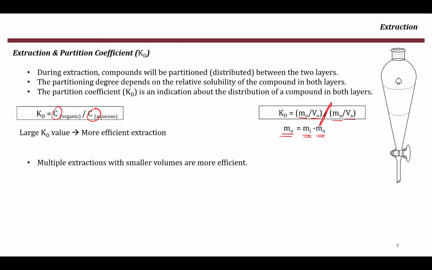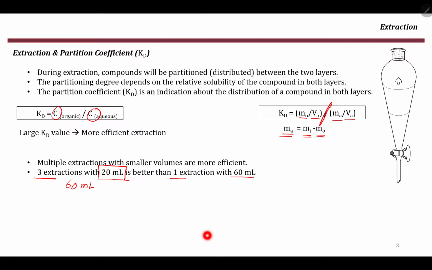Remember that multiple extractions with smaller volumes are always more efficient than a single extraction with a larger volume. So for example, if I have the option to do 3 extractions with 20 milliliters, it's always better than doing 1 extraction with 60 milliliters. Yes, we are using the same amount of solvent, which is 3 times 20, which is 60 in both cases.